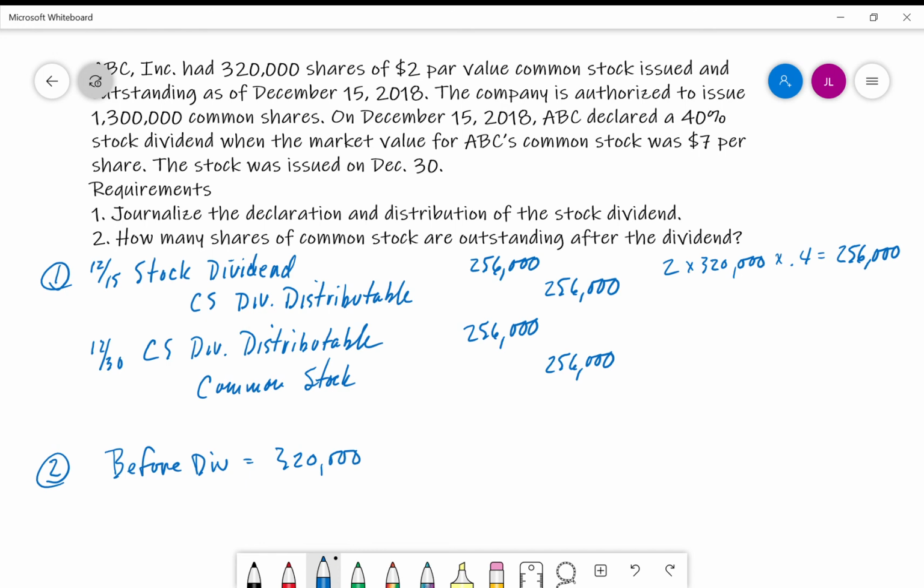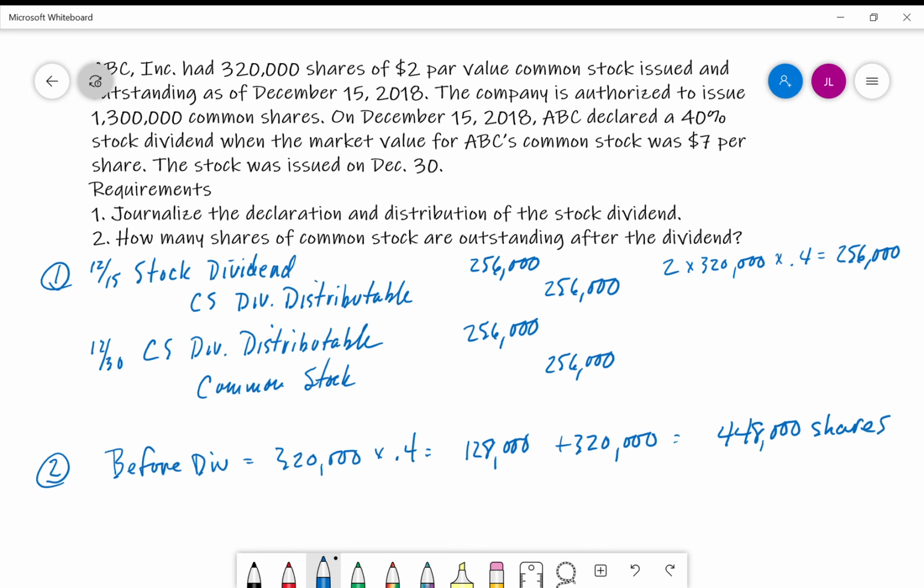Our 40% dividend, we're distributing 40% of those, so that's in essence 128,000 shares we're going to be giving out or distributing in the form of the dividend. So if we add together how many were outstanding beforehand plus how many we distribute, plus the 320,000, we get 448,000 shares.